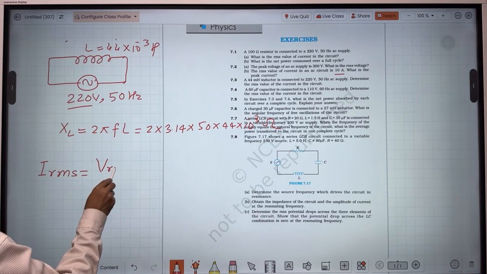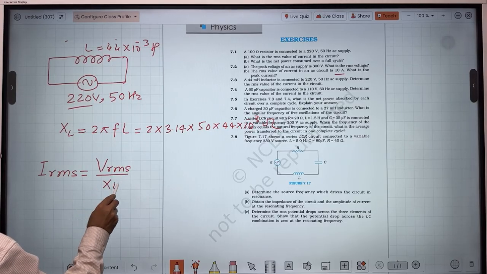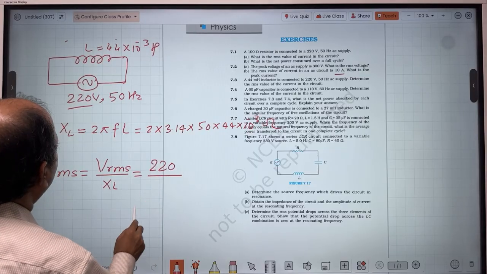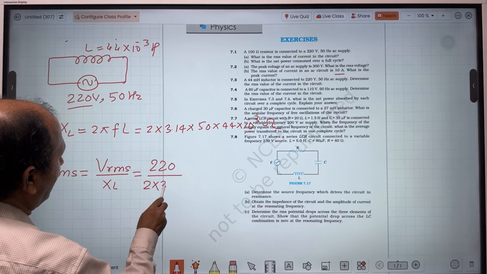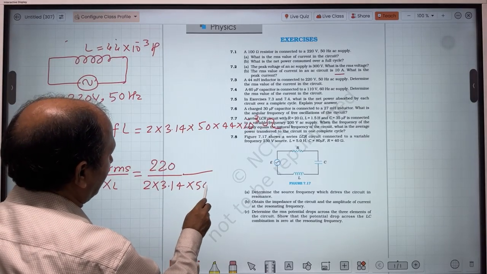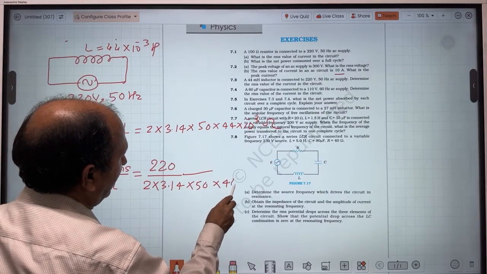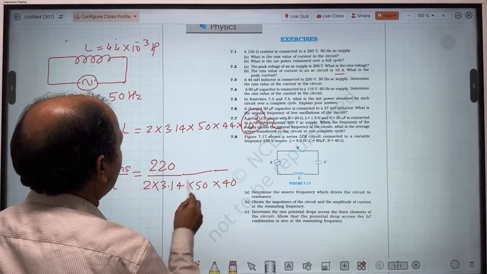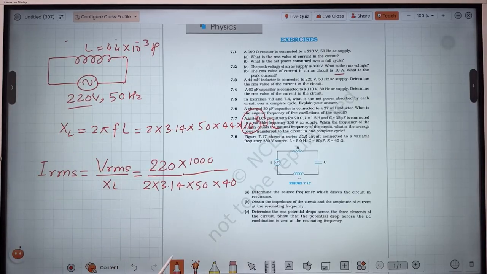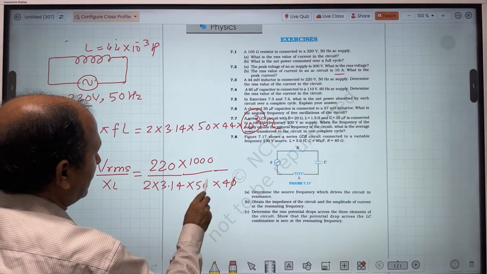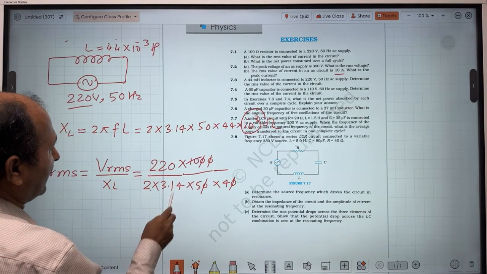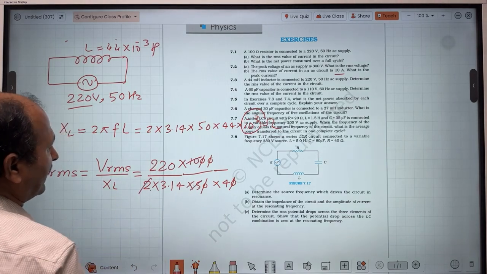So it will be VRMS divided by XL. VRMS is 220 divided by this 2 into 3.14 multiplied by 50 multiplied by 44, and let's write this 10 power minus 3 in the numerator. So this will become 1, 2, 3. Correct? From here, this 0 will cancel out, and this 5 2s are 10. So this 10 will also cancel out.